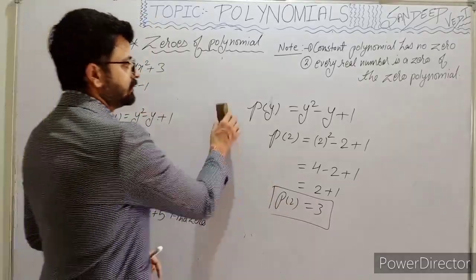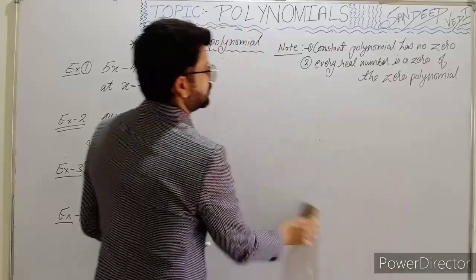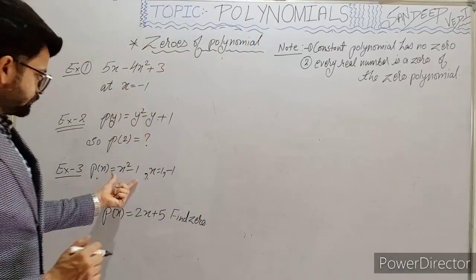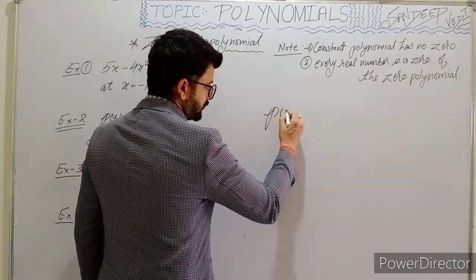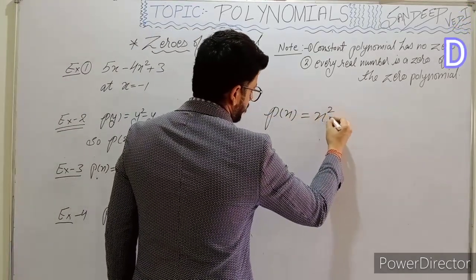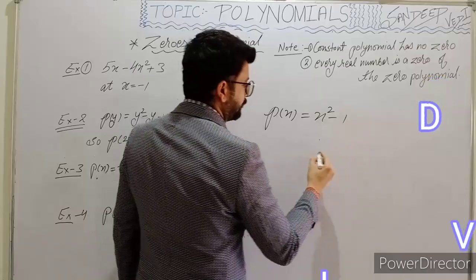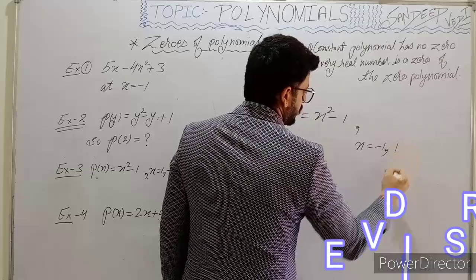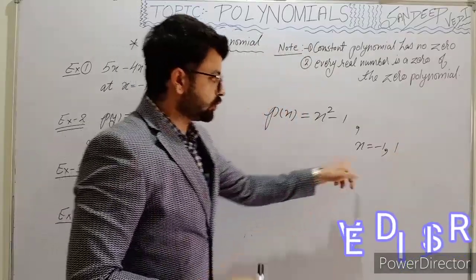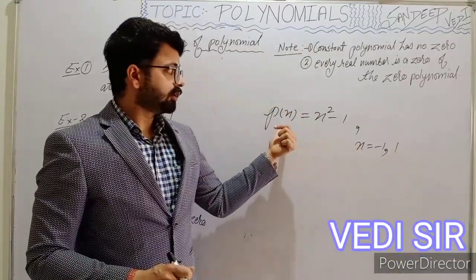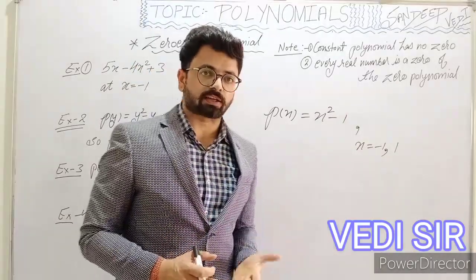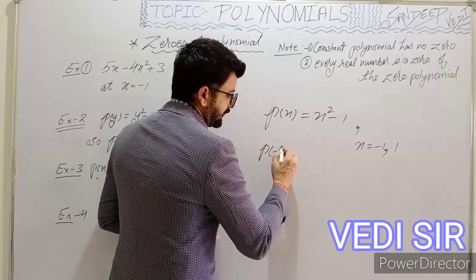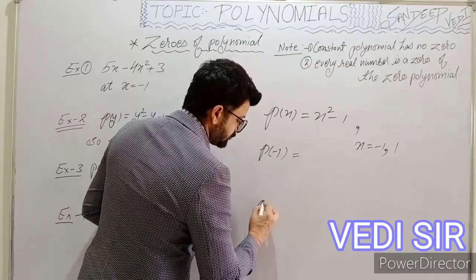And the third type of question in this topic. One polynomial is given, P(x) equal to x square minus 1, and we will check whether x equal to -1 and 1 are the zeros of this polynomial or not. So how to check? We will calculate the value at -1 and at 1.